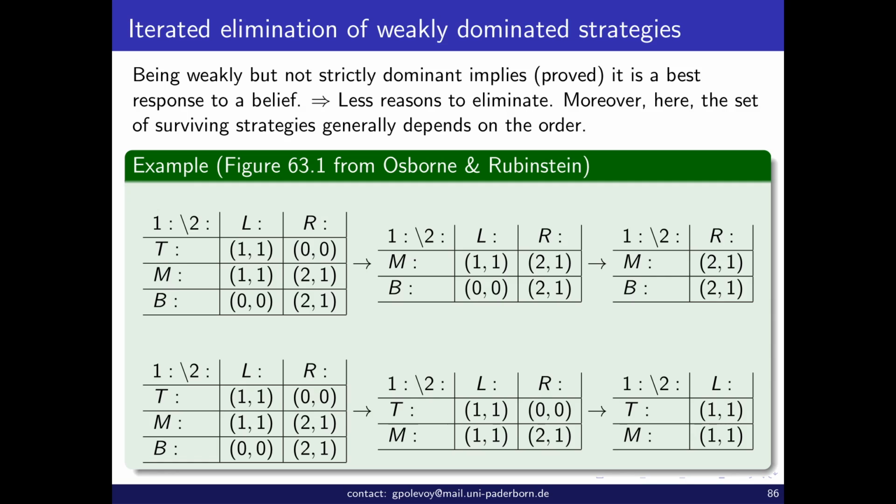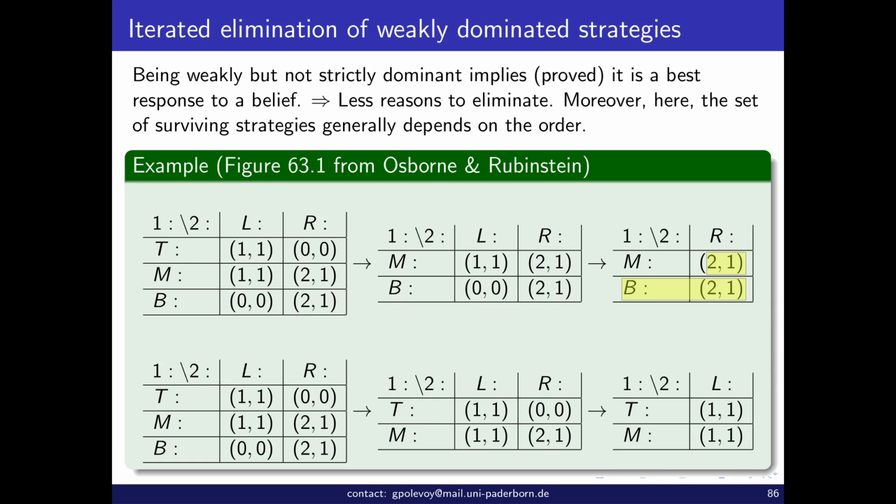But another thing is that the set of surviving strategies indeed generally depends on the order, as we just see in this example from Osborne and Rubinstein. So first, we can just delete the top strategy, which is weakly dominated by middle, and then strategy L is weakly dominated by R, and we arrive at this matrix.